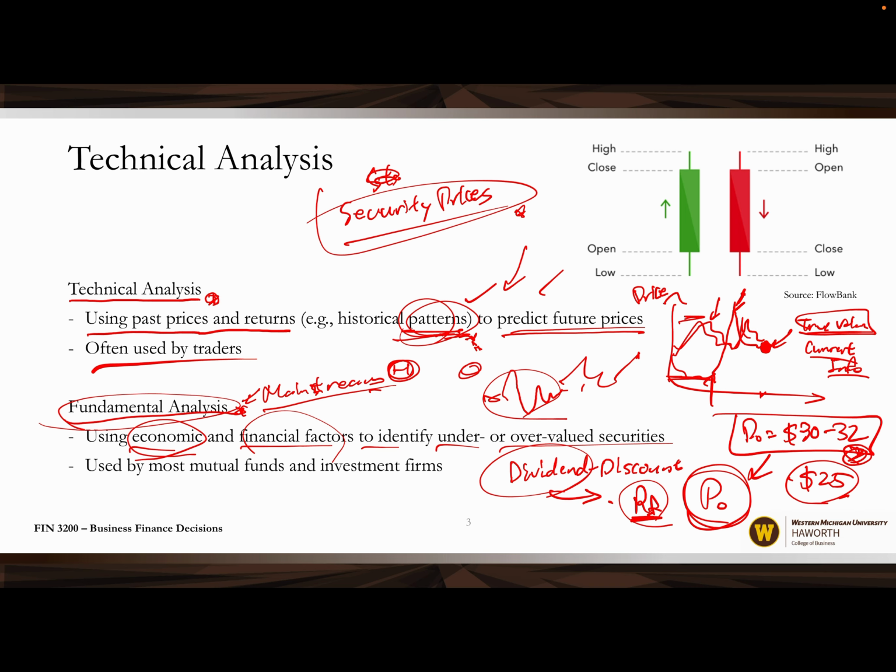Then you would say, oh, this price is an undervalued security, therefore it's a good opportunity to buy this stock. Hopefully the market will realize that it's an undervalued stock later on, which will drive the prices up to whatever point it is, and you'll make a profit. Okay, same thing with overvalued securities.